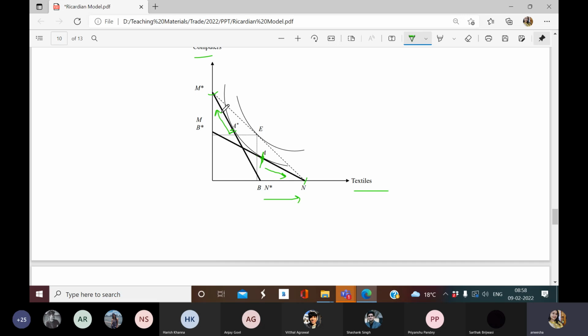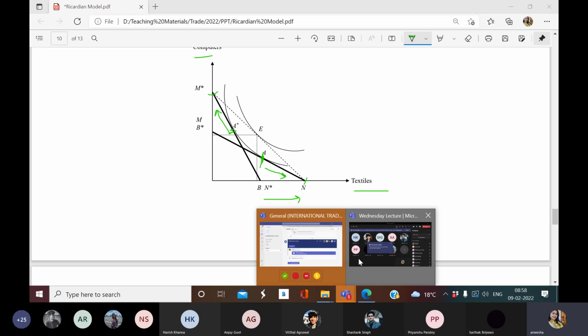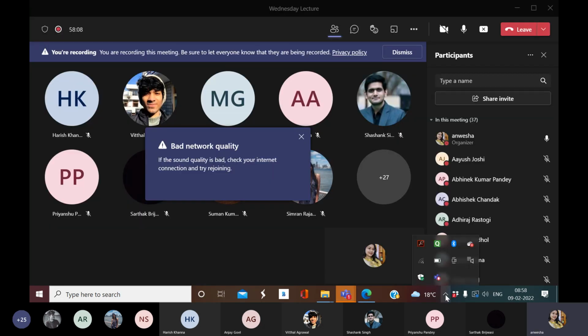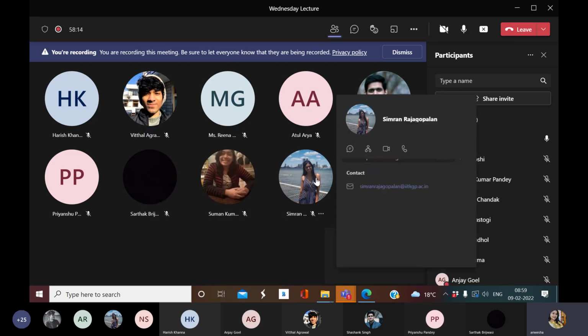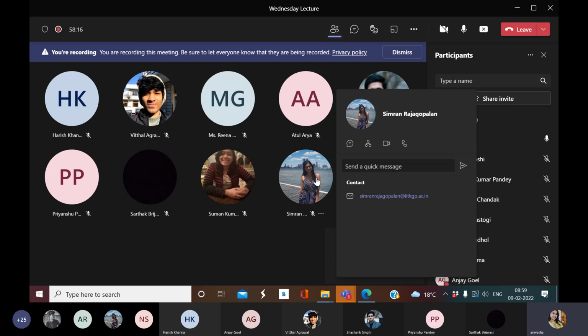So both countries are specialized in the sector in which they have comparative advantage. Is it clear? It entirely follows from the assumption of constant cost. So the two countries are completely specialized.